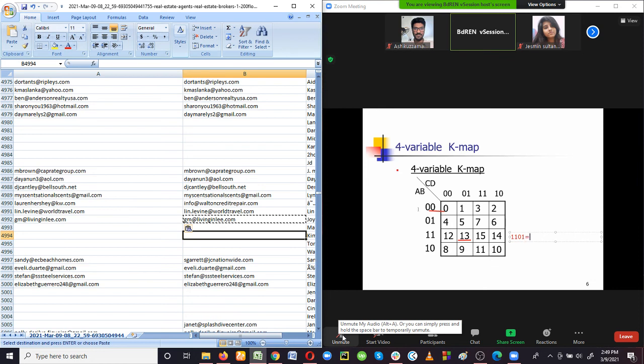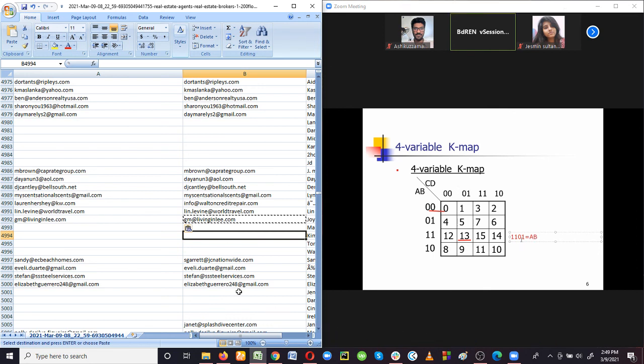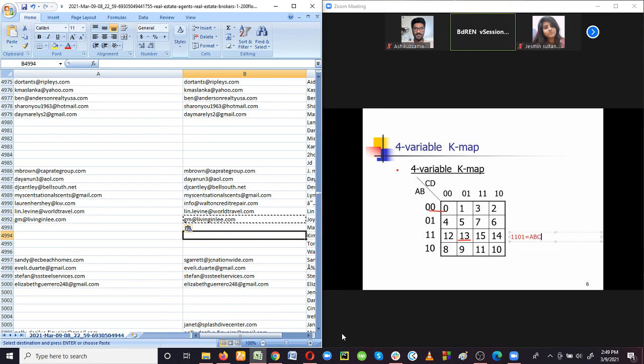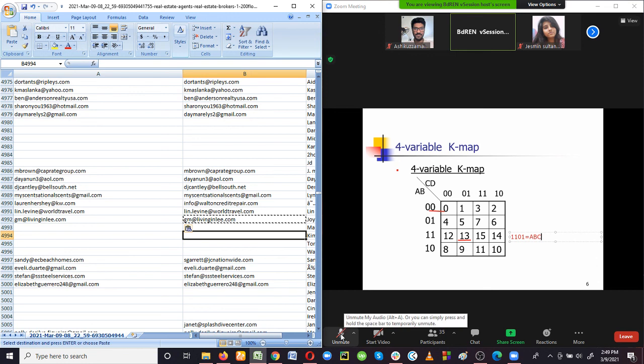That means one value is for A, then another value is for B, then C. 0 means C, but this is 0. That means the opposite of 1. So this will be C bar D. Observe the combination. C bar is there only once.